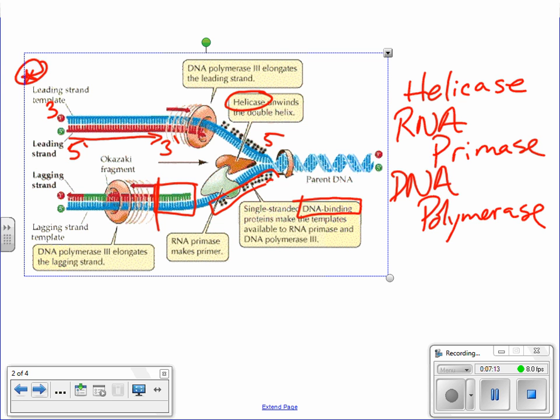On the lagging strand, however, it's termed that because it's always a little slower. The problem with this strand is that as it opens up, it's already in a 5' to 3' direction. And as you know, DNA can only grow in a 5' to 3' direction, and since DNA is anti-parallel, the DNA strand has to grow in this direction somehow.